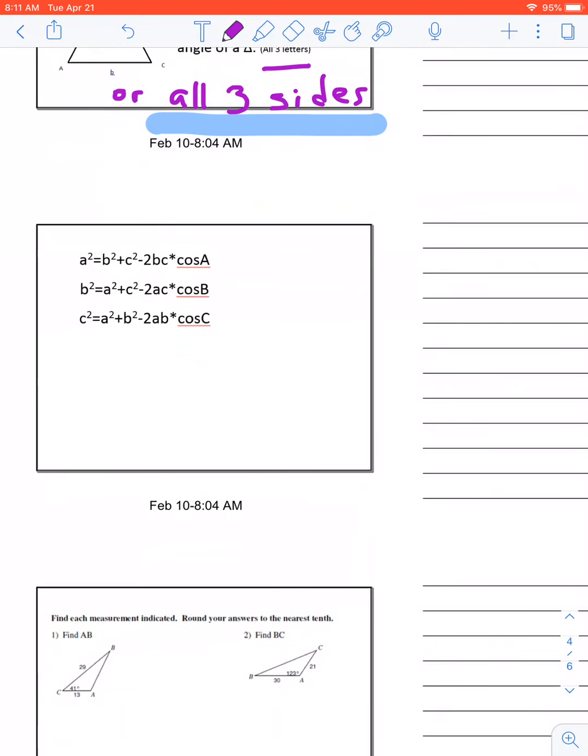So what is law of cosines? Well, it's a squared equals b squared plus c squared minus 2 times b times c times cosine of A. You'll notice here are three different equations, but they're really the same thing. The side length on the left always goes with the angle measurement, and then it's always the other two sides squared minus 2 times those two sides.